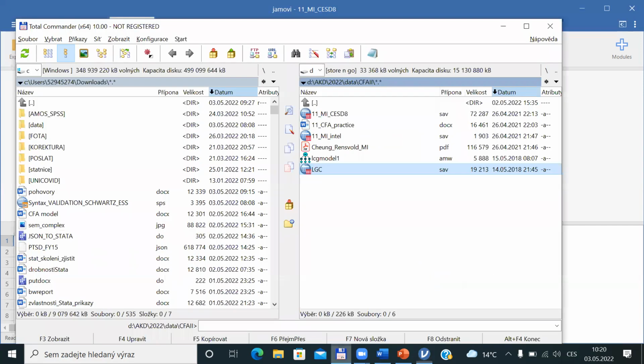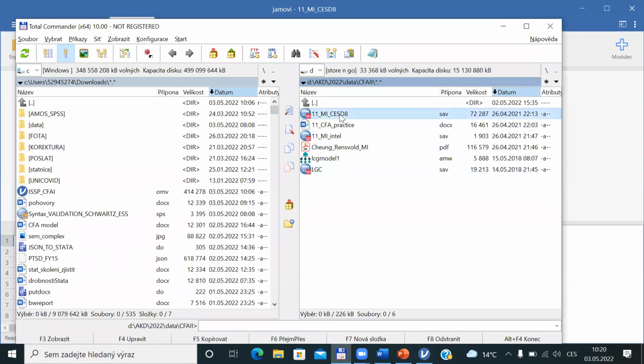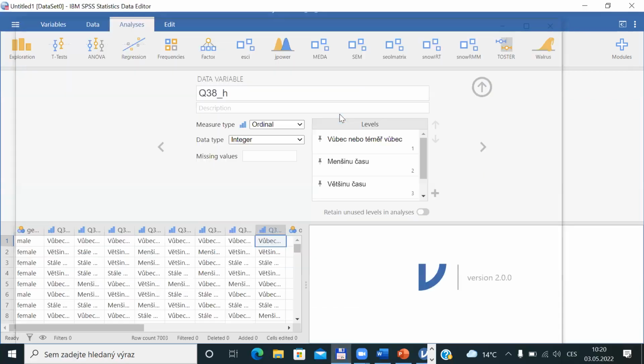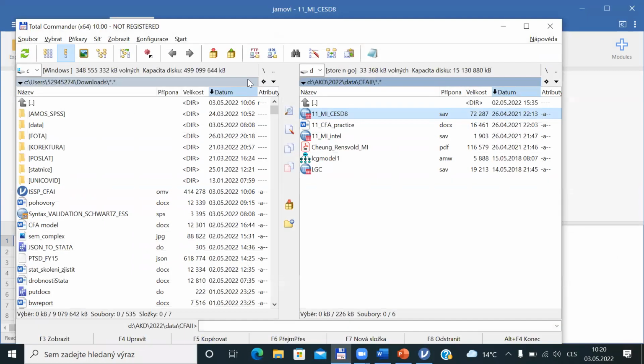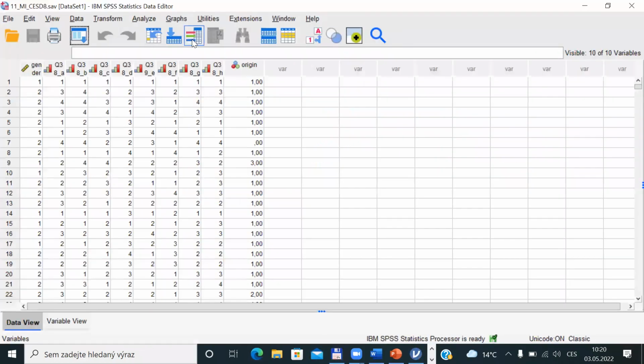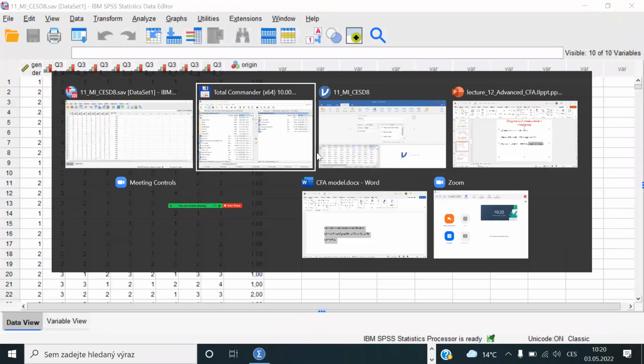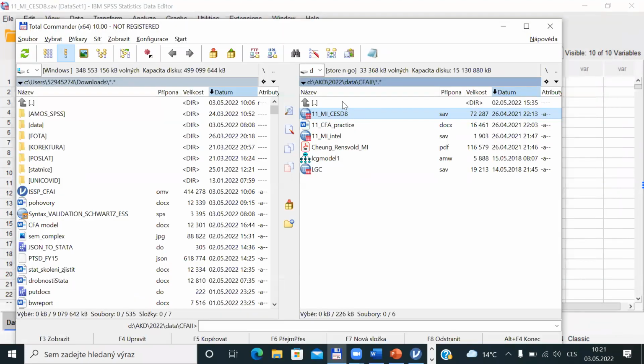I will only try to briefly open the data also in SPSS for you to see the scales behind. I'm not sure if there is a description. If not, I will try to find it somewhere else for a brief insight into the logic. So here it is. Yeah, there is no description at all, so sorry for that. So I will try to find some brief description of these scales very quickly.